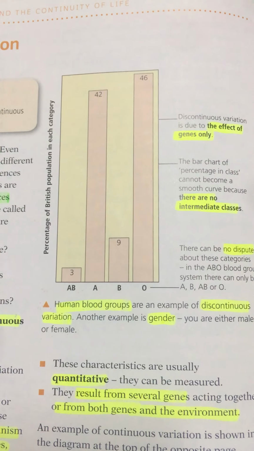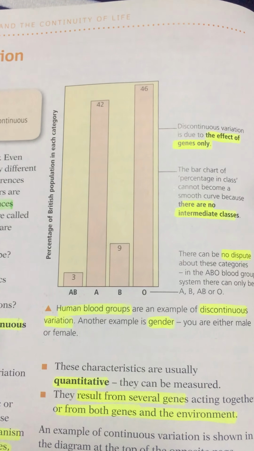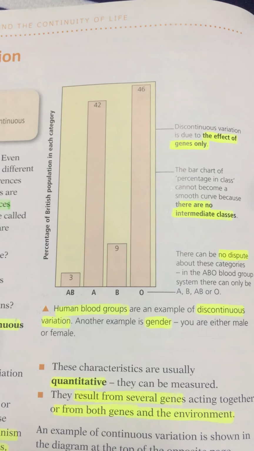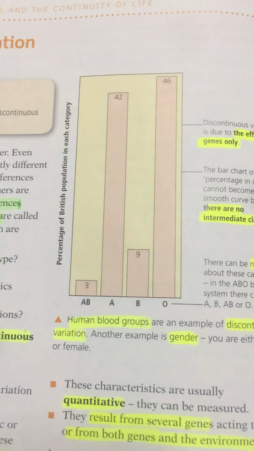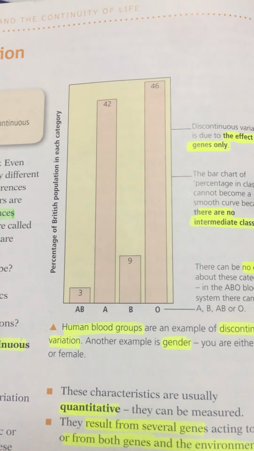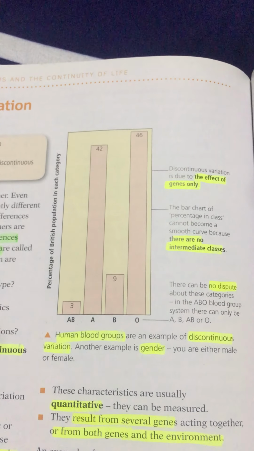What about the intermediate classes? Actually, for discontinuous variation, we don't have intermediate classes. So the bar chart of percentage in a class cannot become a smooth curve. Here we don't have a smooth curve like this. Here we can make a smooth curve by finding the intermediate classes, but in discontinuous variation we cannot make a smooth curve.